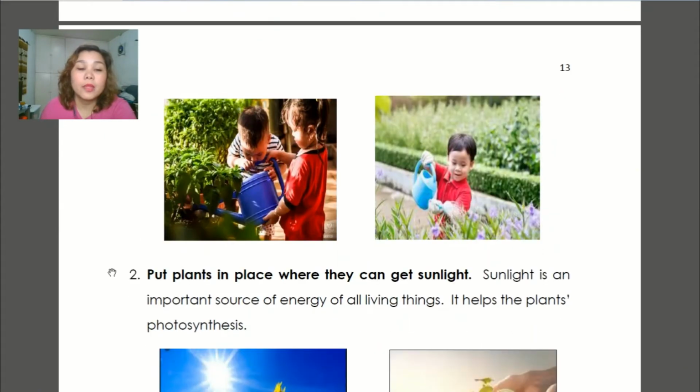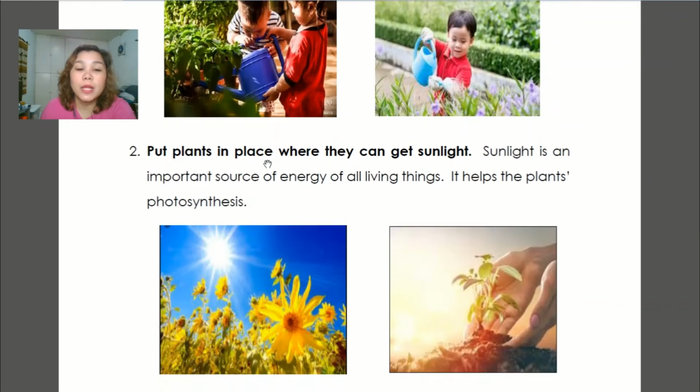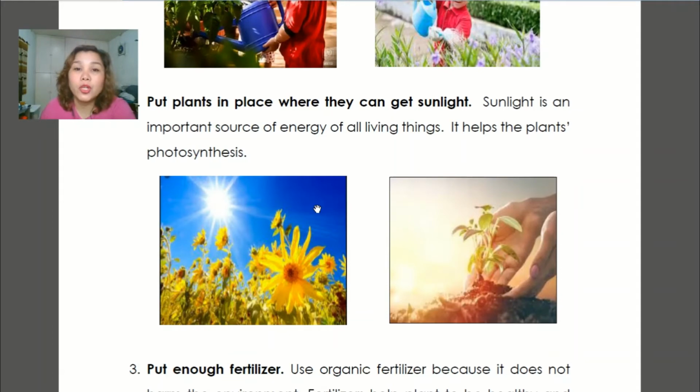Number two, put plants in a place where they can get sunlight. Sunlight is an important source of energy of all living things. It helps the plants in photosynthesis. If you can remember, sunlight is one of the plant needs, and it is used in making food for itself.